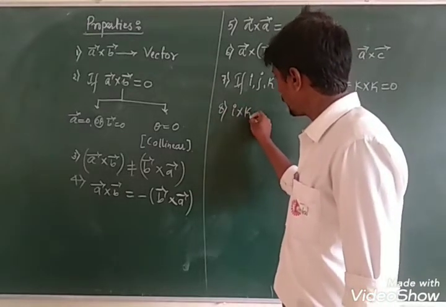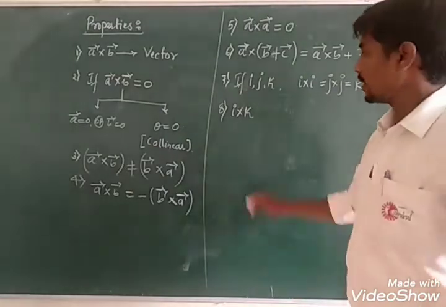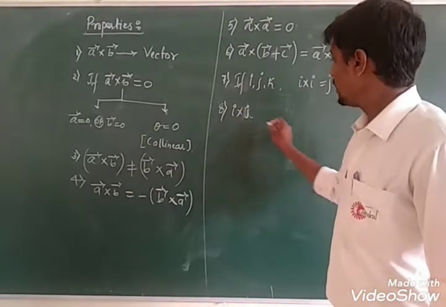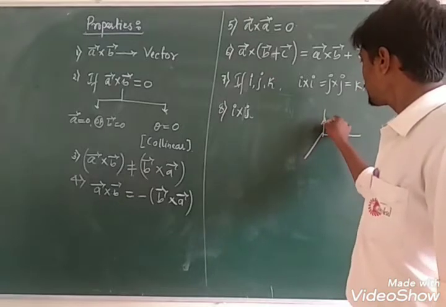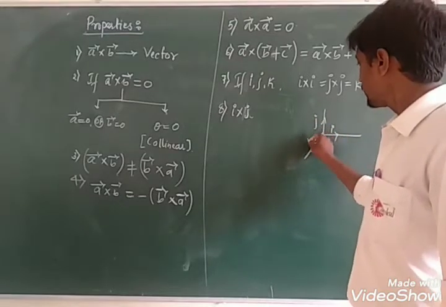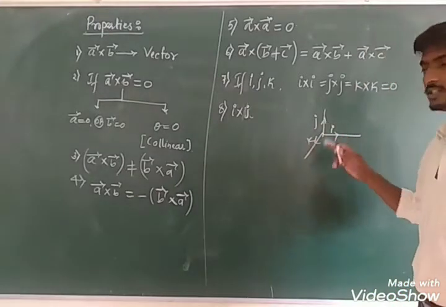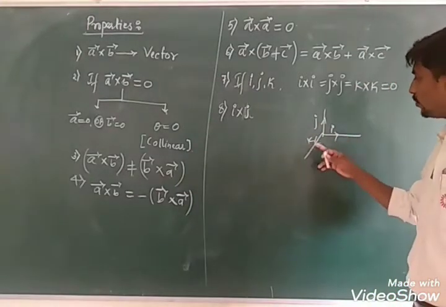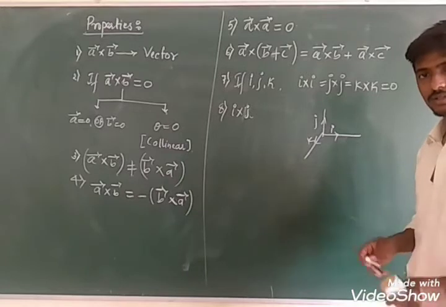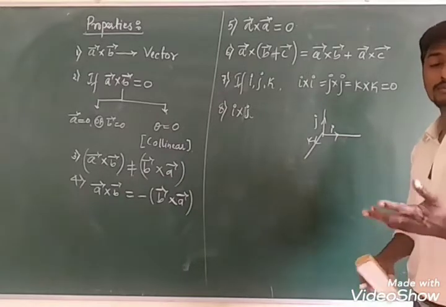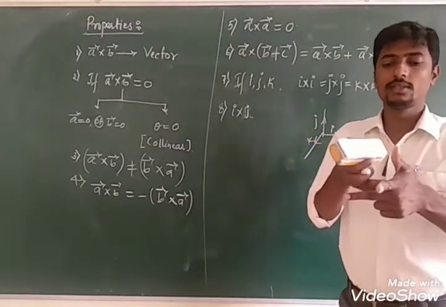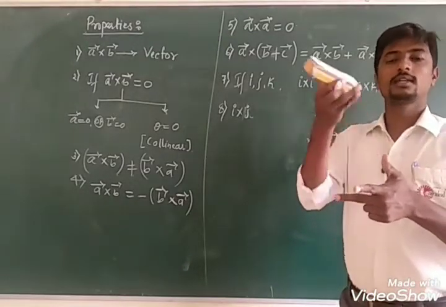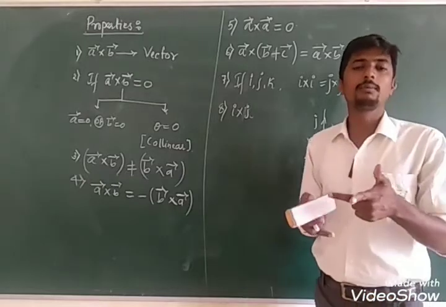Next property: I cross J. This is I, this is J, and this is K. Since the x, y, z axes are mutually perpendicular, this is perpendicular to this axis and this is perpendicular to that axis, so these three are mutually perpendicular.